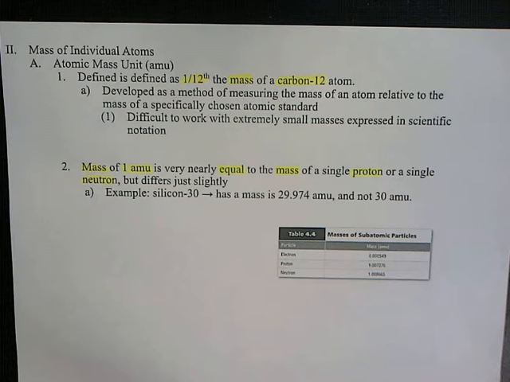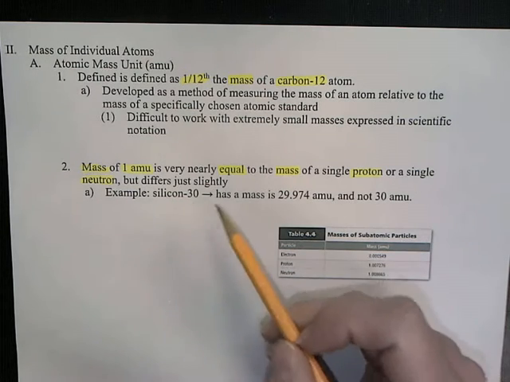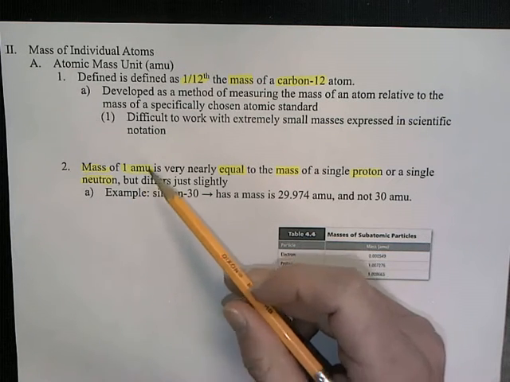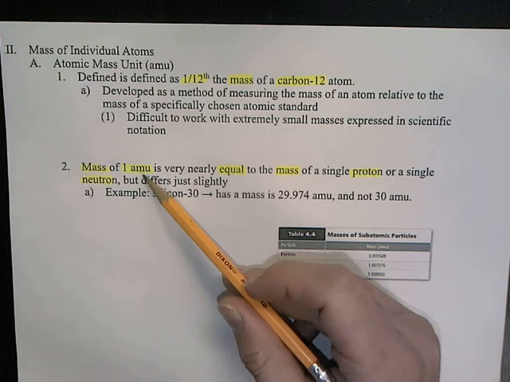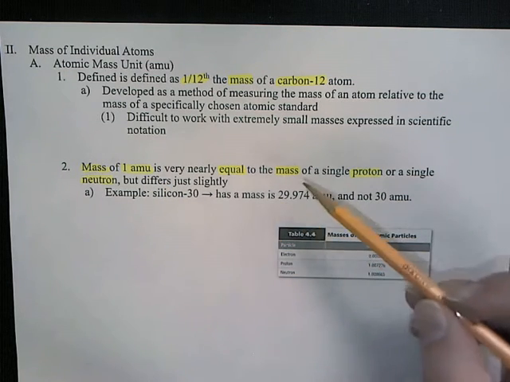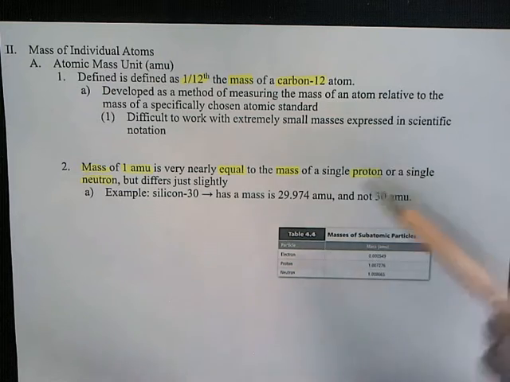So essentially what they did is they took carbon-12, which has an atomic mass of 12, and they said, hey, let's divide it into 12 equal parts, because there should be 12 parts in the nucleus, and that is the mass of one atomic unit. Now, for us, this is the most important here. The mass of one AMU, or atomic mass unit, is equal to the mass of a proton or the mass of a neutron.